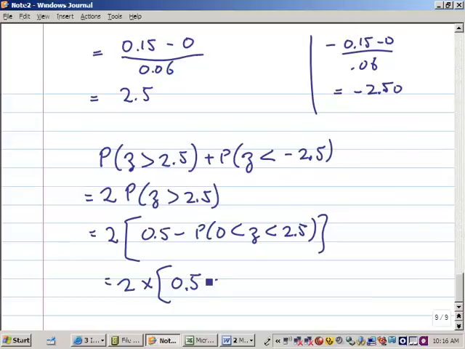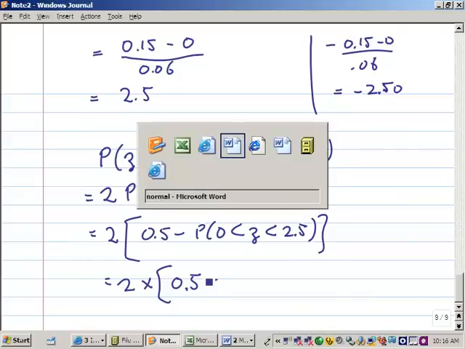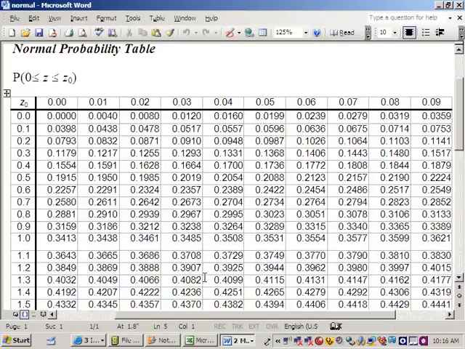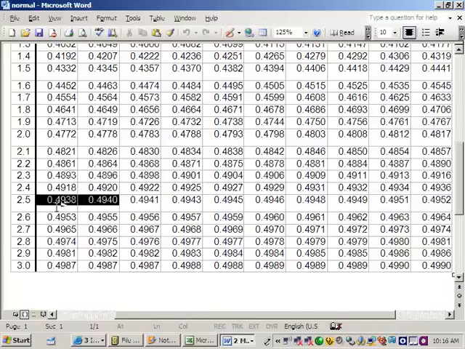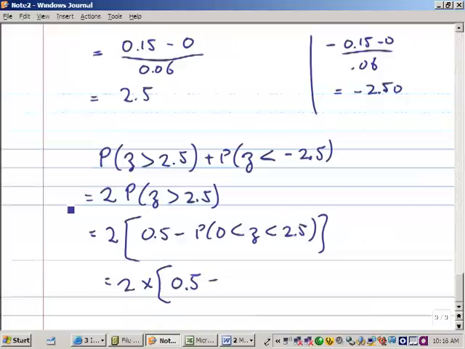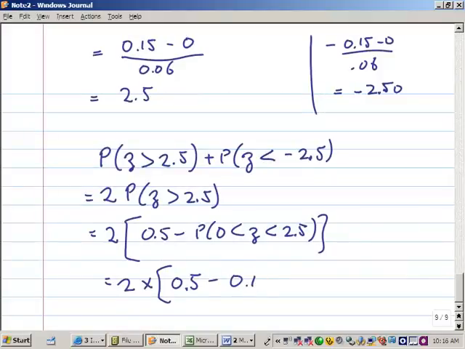Alright, let me find my normal table. So 0 to 2.5. It's 0.4938. So that'll be 2 times 0.0062, I believe.